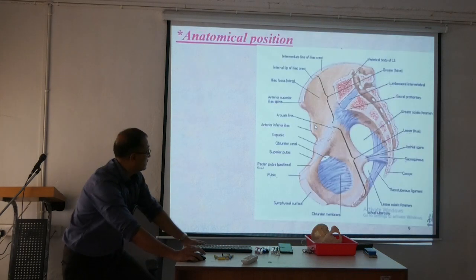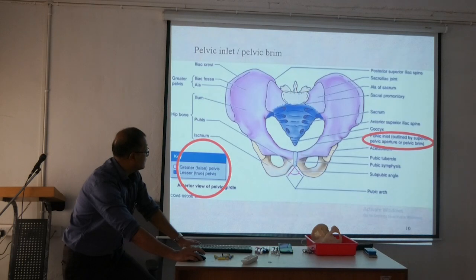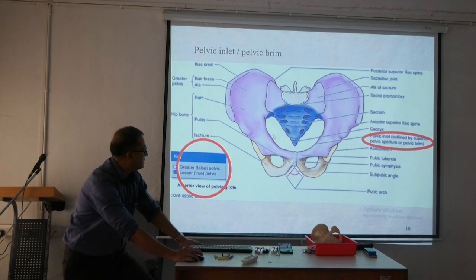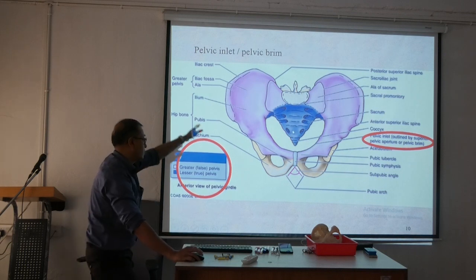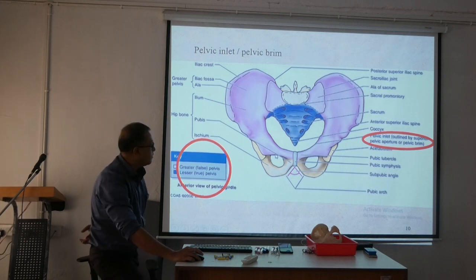Now, we are talking about the measurements you make on it. If you measure it transversely, we call this the transverse diameter. If you measure it obliquely, from the iliopubic eminence to the sacroiliac joint, we get another line, known as the oblique diameter. And measuring from front to back, we find the anteroposterior diameters.